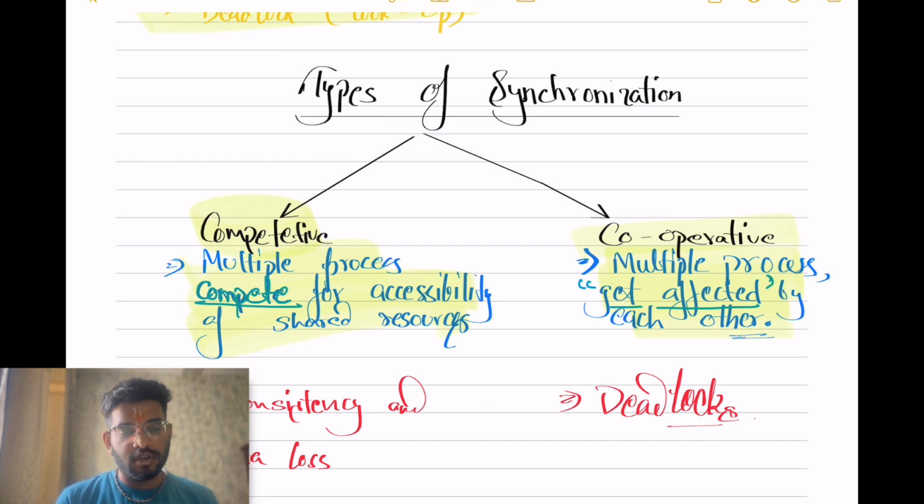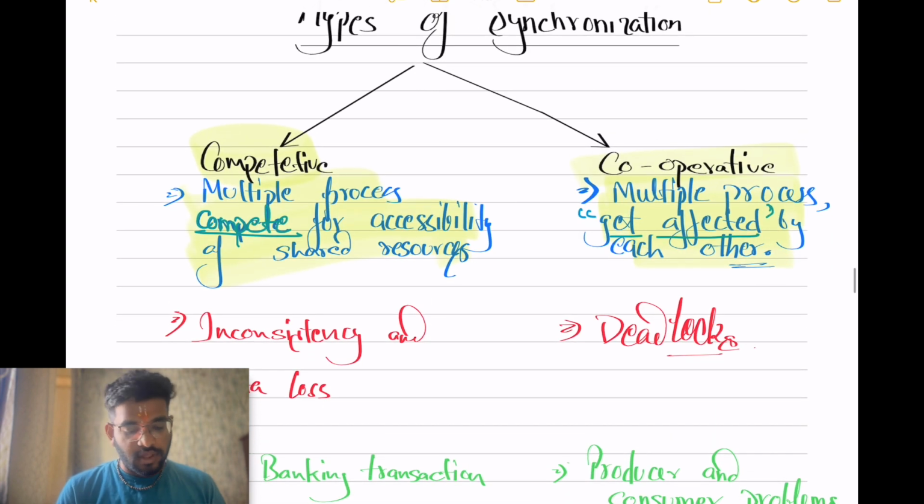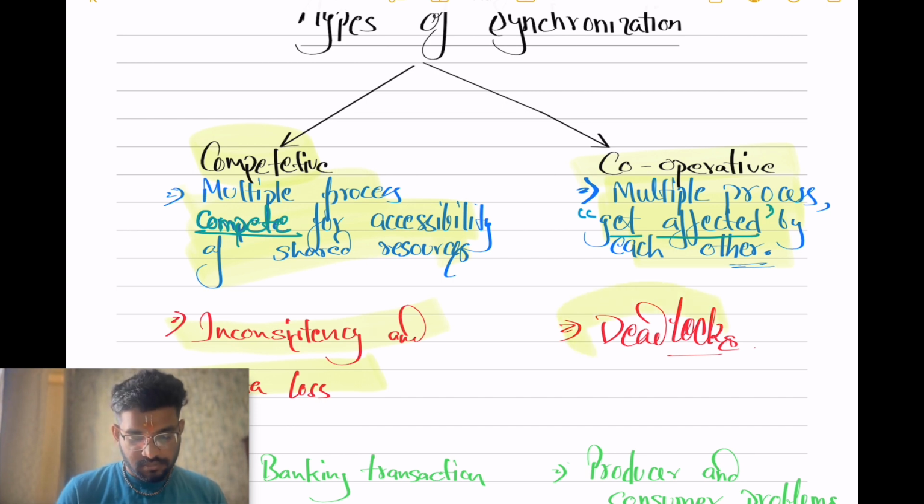If the producer doesn't produce, then the consumer can't consume, and if the consumer stops consuming, then the producer cannot produce more food, as the buffer will already be full. But competitive synchronization is like the dining philosophers, where each philosopher is competing for the fork to eat. Competitive synchronization leads to inconsistency and data loss, while cooperative may lead to deadlock.